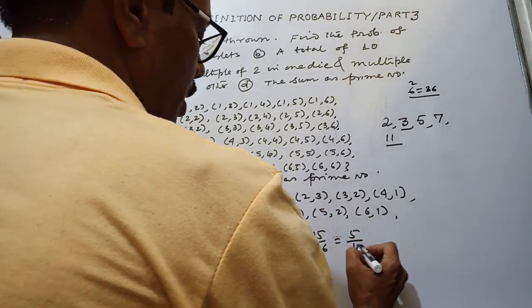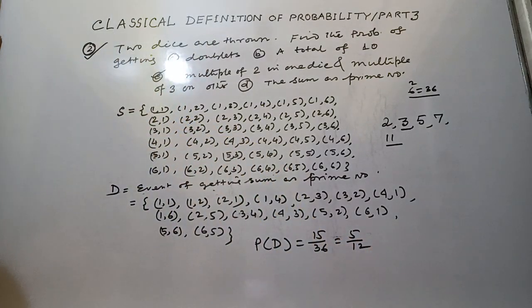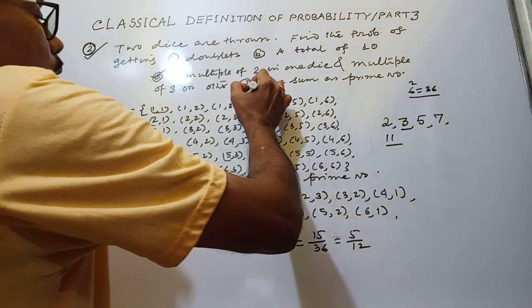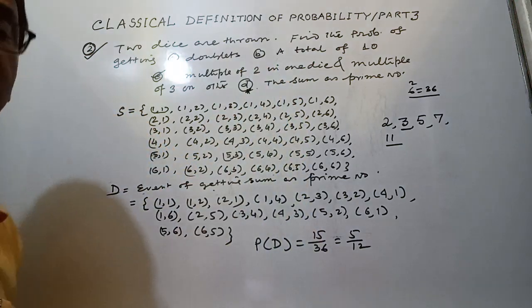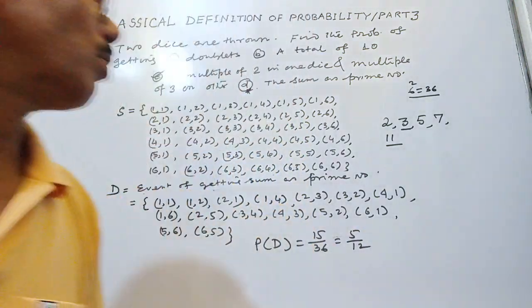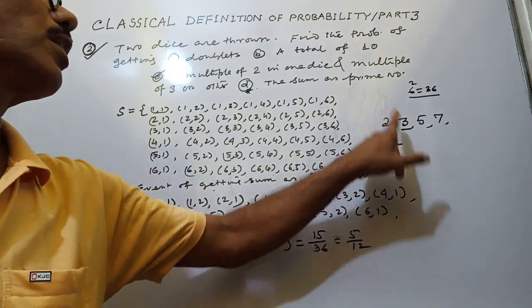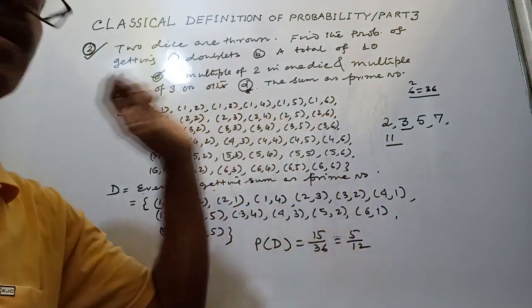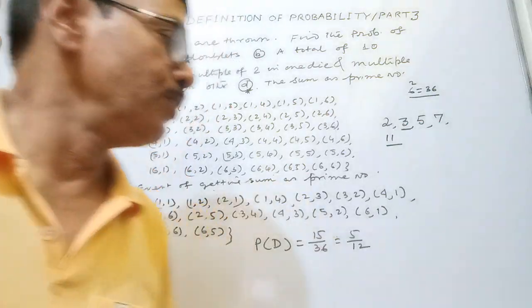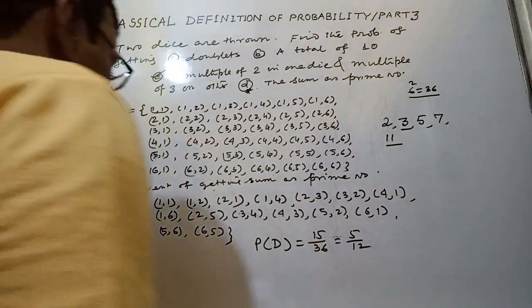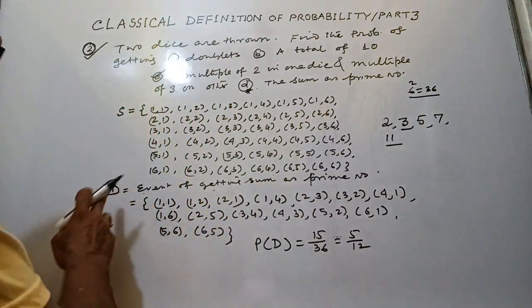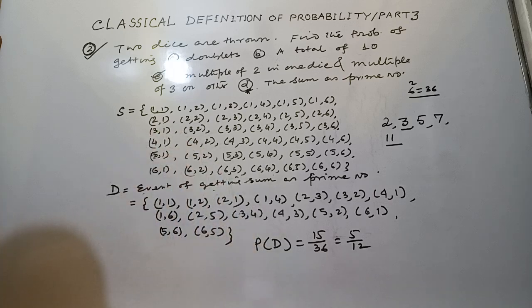So 5 by 12. Now this is the most important problem. Sum as prime number: 2, 3, 5, 7, 11. 13 is not applicable because the maximum sum is 12. So write all the sample points of favorable cases.